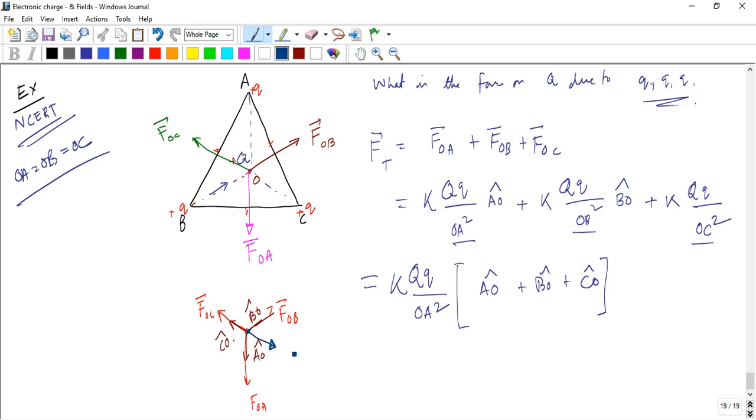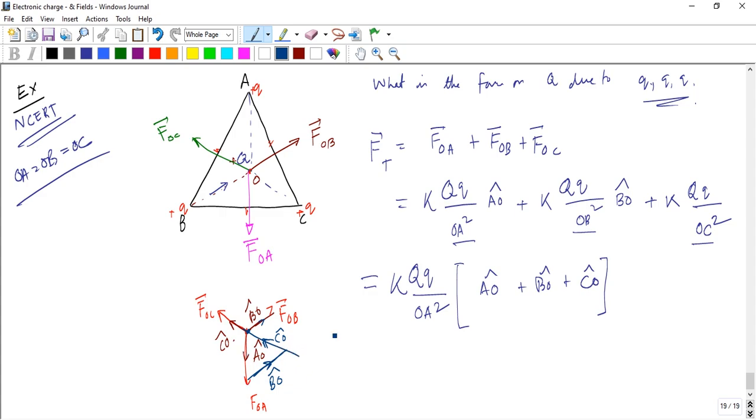Now we see the CO vector, and if we extend the CO vector and apply the BO vector here, BO is parallel, this is the extension of the OC vector, and the AO unit vector.